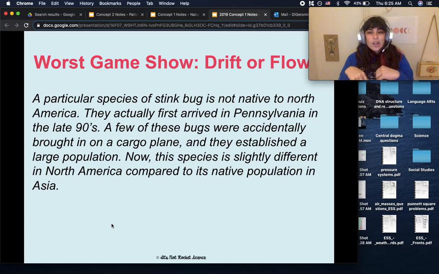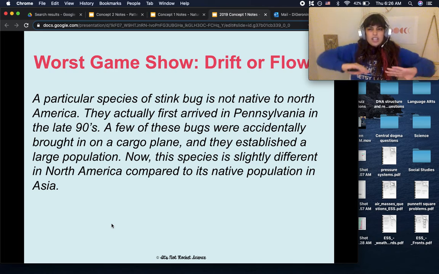So we're going to call this genetic drift because a few settlers came to America. And those bug settlers had the population grow and grow and grow and grow. And because of the random bugs that started that population and the choices that randomly led to which bugs reproduced or not, the gene pool became different from the original Asian stink bug population.